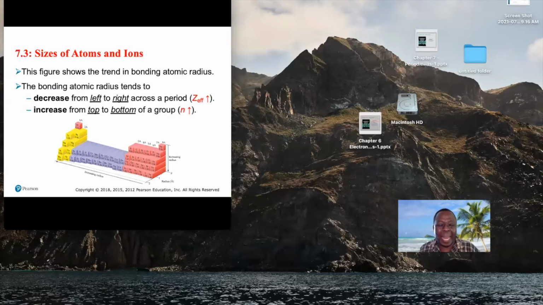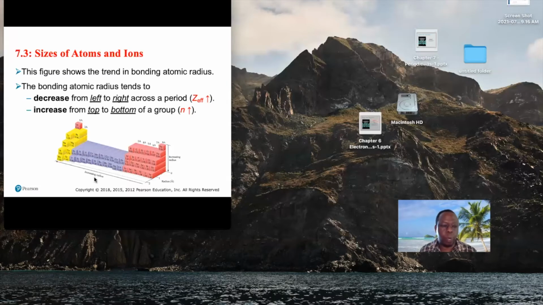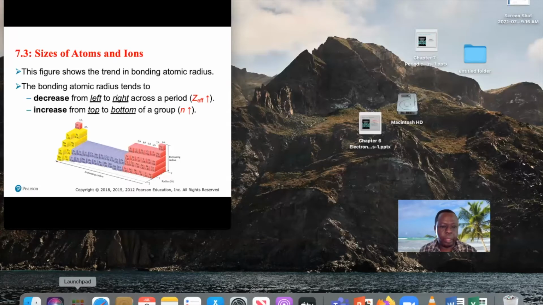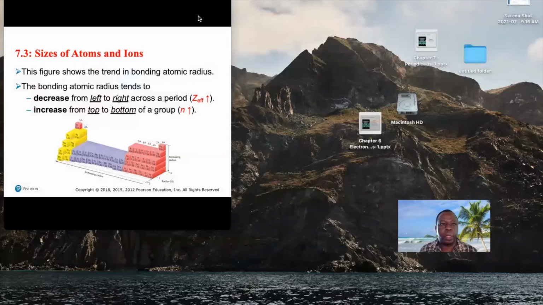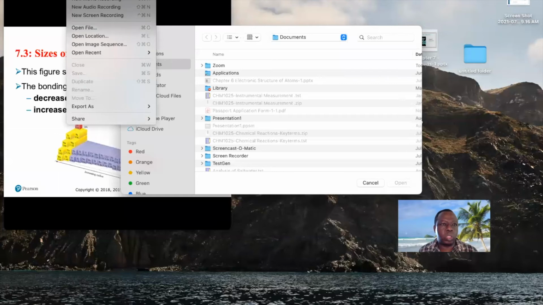The principal energy level increases. That means as you go down the group, the number of shells keeps on increasing, and that will change the way the radius keeps on changing, all right?